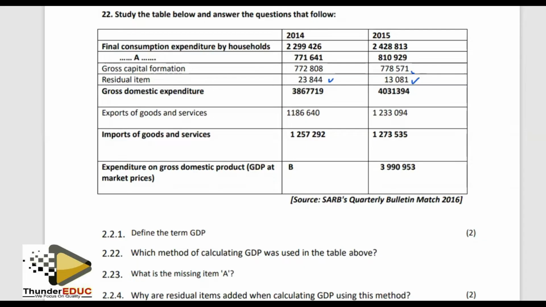So gross domestic expenditure, therefore, is here. It is done by households and by the government.